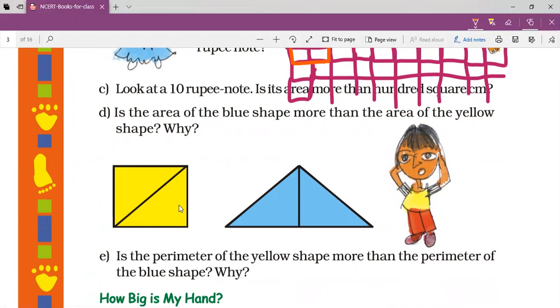What do you feel? Let's take a look. See, this square is formed with two triangles, and here are also two triangles. If we take this triangle and place it in front of here, we form a square with that triangle.